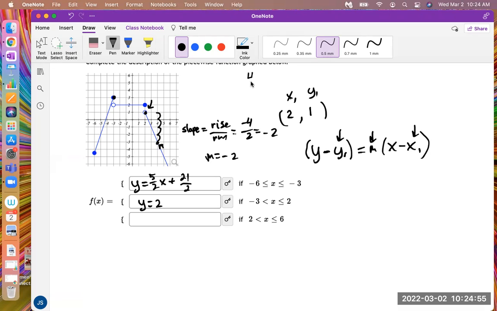So my rise would have been 4, but then I'm going 2 spaces backwards, so 1, 2, it would be a -2 in the run. So it ends up the same answer, -2. No matter what, I always think about what I have to do to travel from one point to the next, and that's how it helps me do my slope. So just to help you with that.